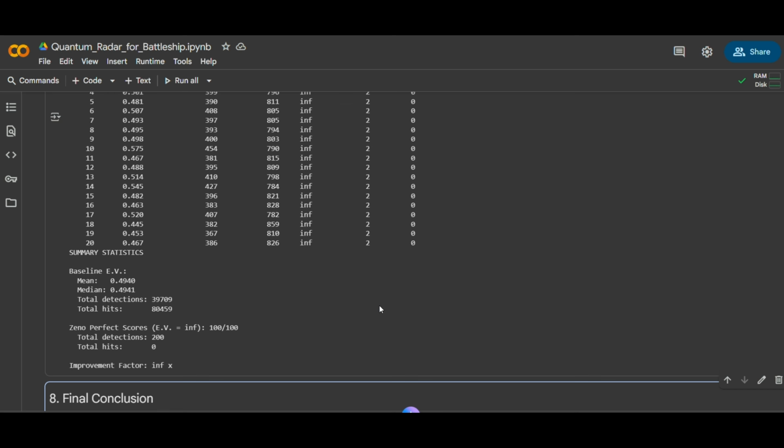And here is the final proof. Look at the summary statistics. The baseline algorithm had over 80,000 total hits to find the ships. Our Zeno algorithm got 100 out of 100 perfect scores. It found all 200 ship segments with 0 total hits. This robustly proves our Zeno algorithm is a perfect implementation of the challenge.